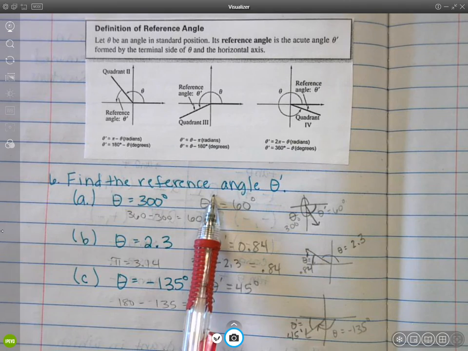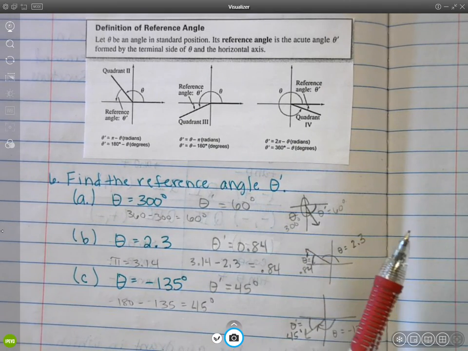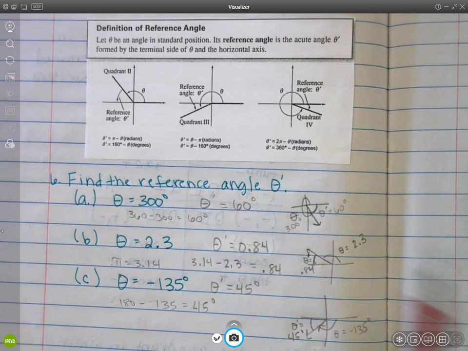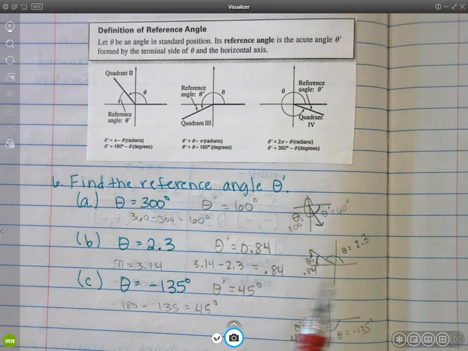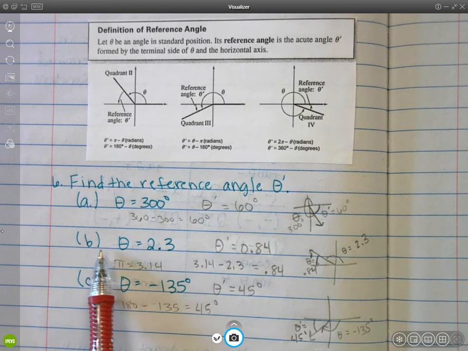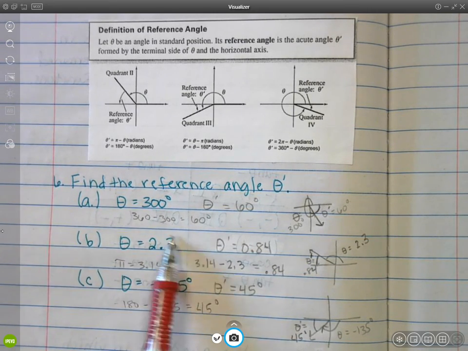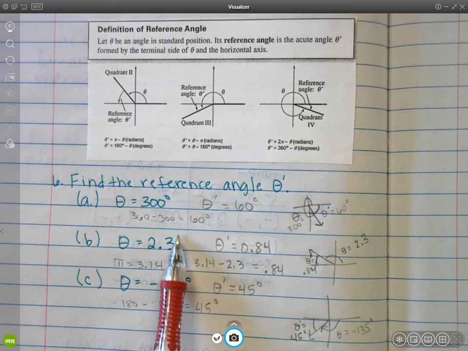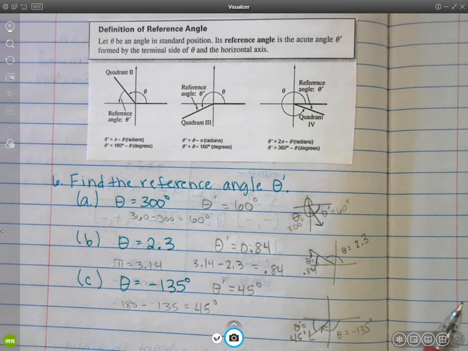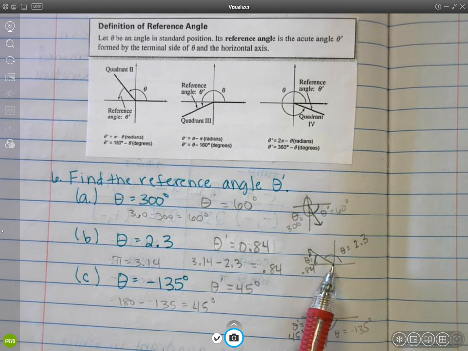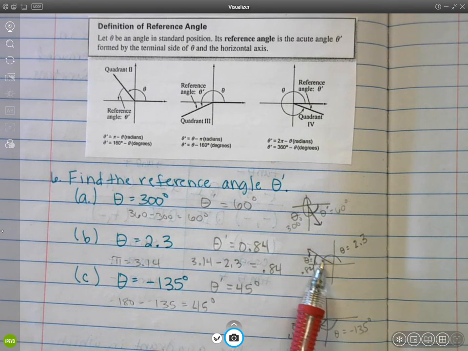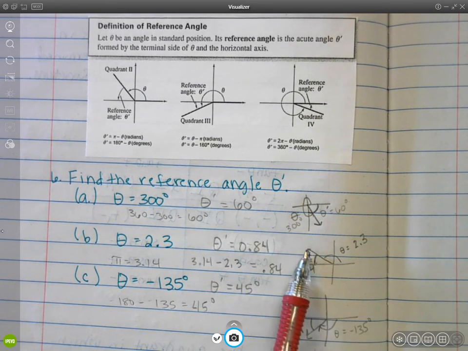We use this little apostrophe, I guess, as the symbol for reference angle. All right, so if your angle is 2.3, remember if there's no degree symbol, we assume radians, right? So 2.3 is going to be almost 2 pi.